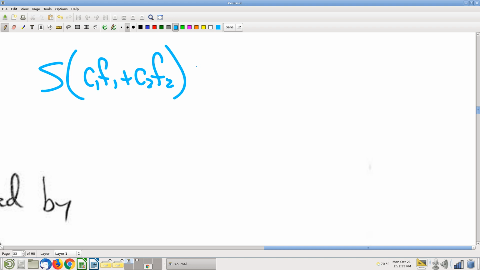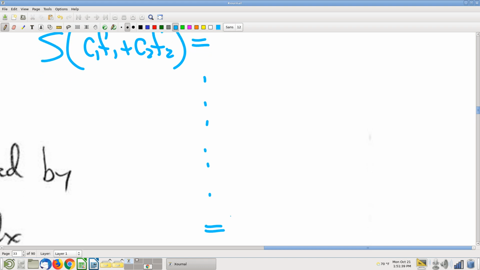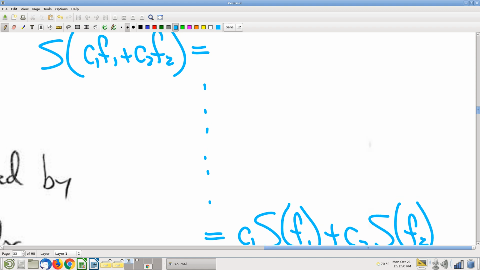And I'd better end up with, at the end, C1 S of F1 plus C2 S of F2. That's what it would mean for this to be a linear transformation. Again, S, right? Not the integral itself, but the act of integration. Okay, so that's our hope.